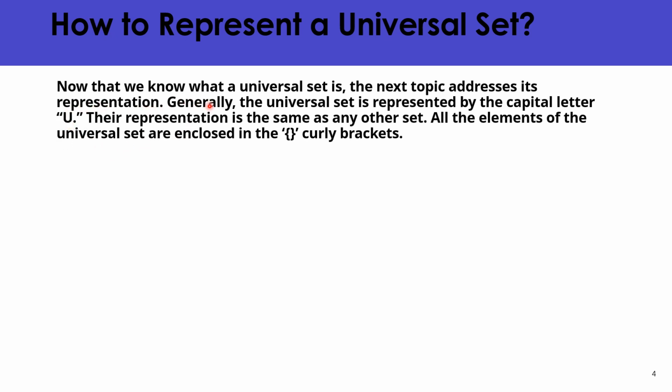Next, how to represent a universal set. Now that we know what a universal set is, the next topic addresses representation. Generally, the universal set is represented by the capital letter U. Its representation is the same as any other set. All the elements of the universal set are enclosed in braces, or curly brackets.